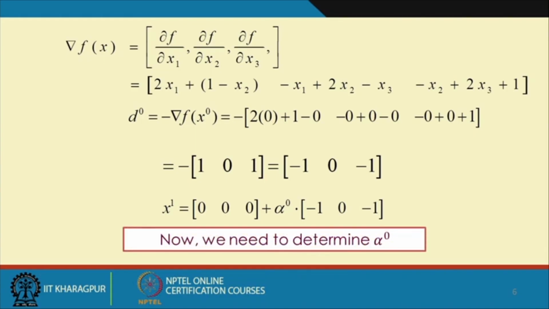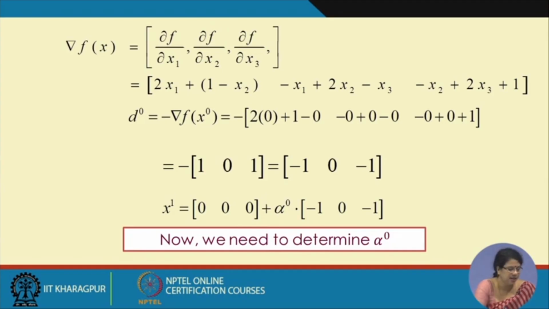Then the question is how to calculate alpha 0. In the similar manner, because x1 is a function of alpha 0, we can find the functional value at x1, which will be a function of alpha 0.